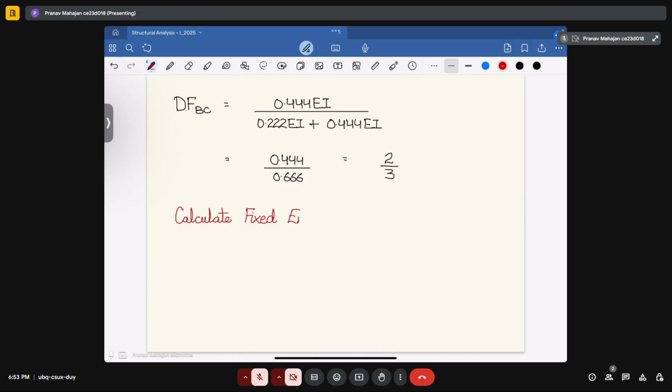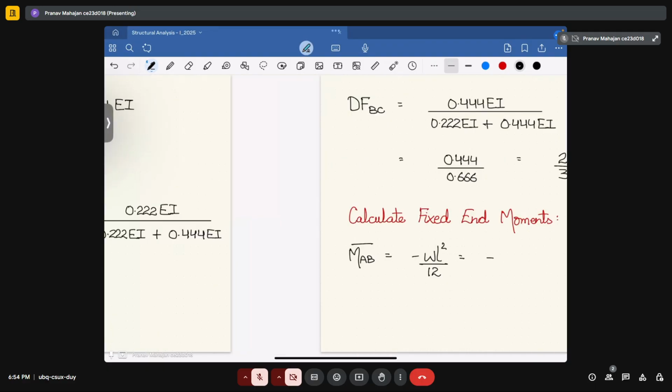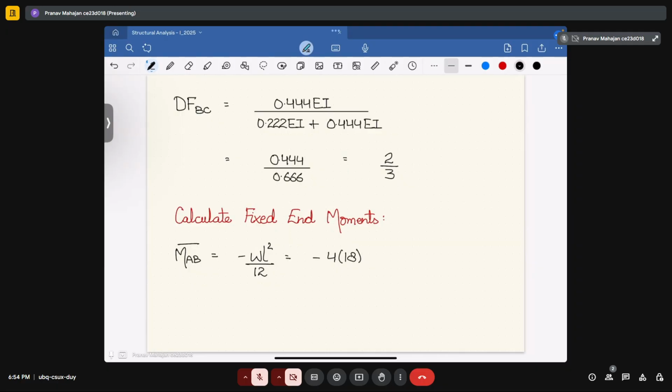So your fixed end moments in this case will come out as M of AB equal to minus WL square divided by 12, and that will give you the value as minus of 4 into 18 square divided by 12, and that will come out as minus 108 kilonewton meter.